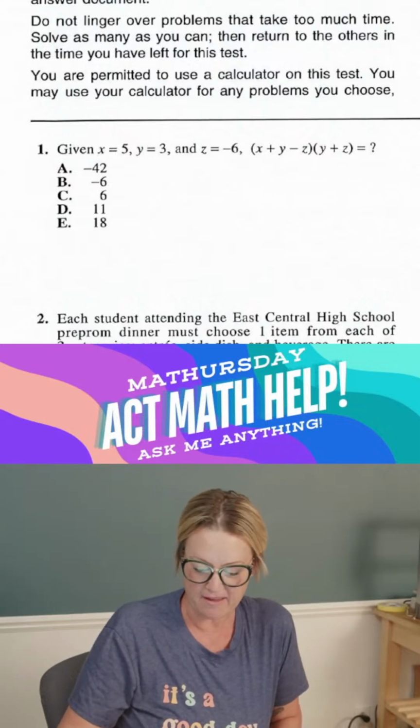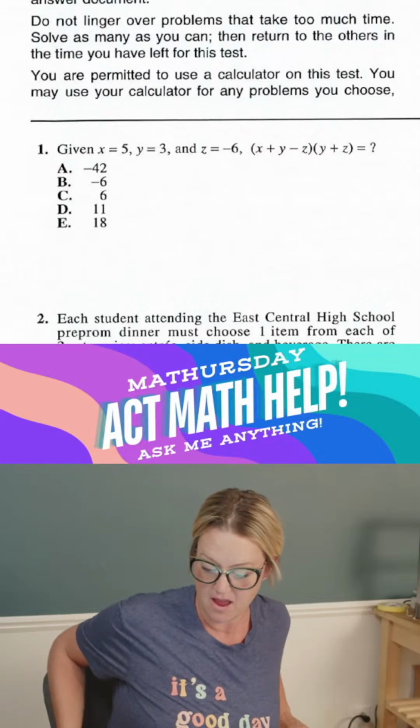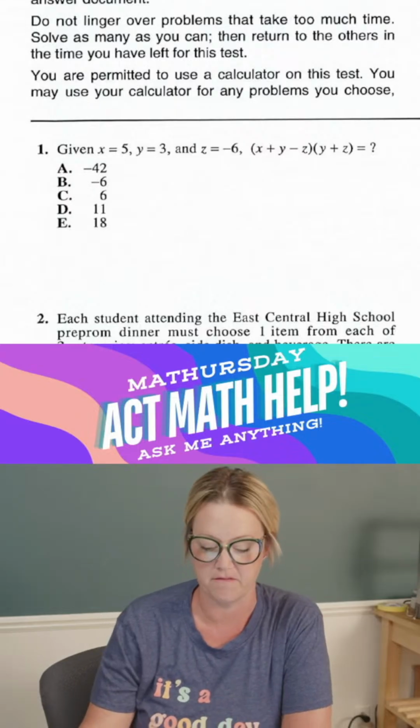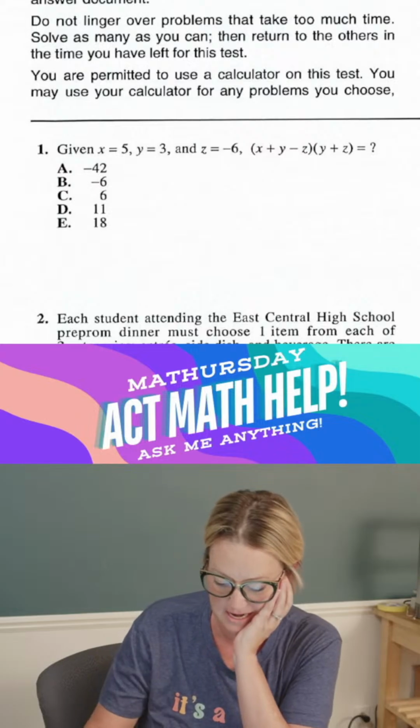So we've got, given x equals 5, y equals 3, and z equals -6, what is (x plus y minus z) times (y plus z)? What I'm going to do first is substitute in all the values that I know. So x is 5, y is 3, and z is -6.